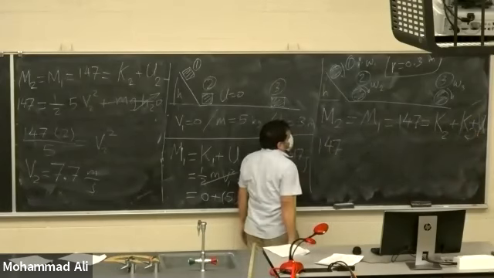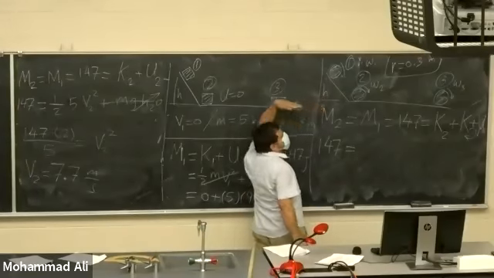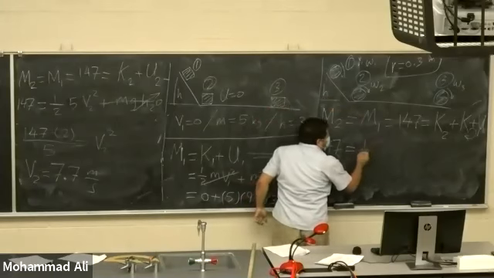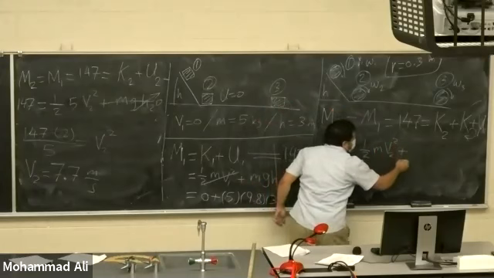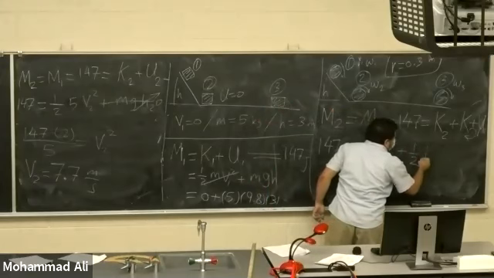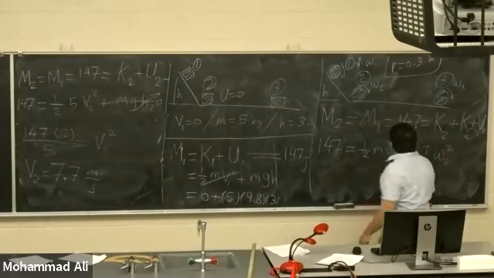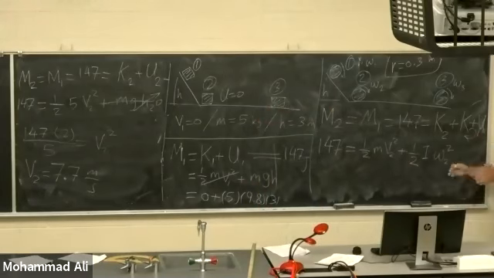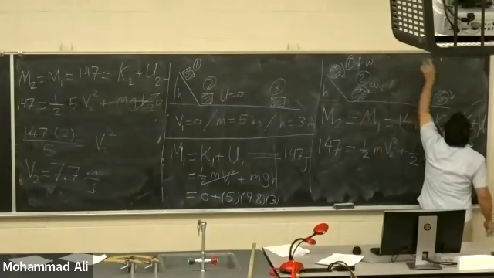Now, 147 is equal to the first kind of kinetic energy, which is the linear one, 1/2 m v2 squared, plus 1/2 I omega 2 squared. We can compute I, and I computed it there. I will compute it here.